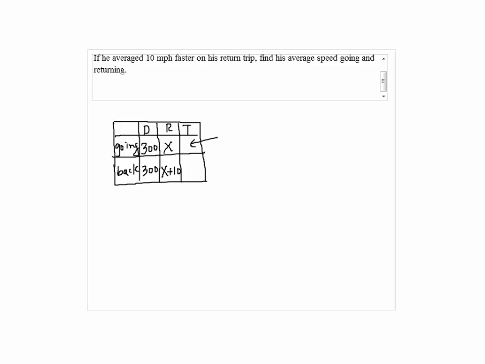Now we can find the time using the distance and the rate. So we have 300 over x for the going, and we have 300 divided by x plus 10 for the coming back. When you add these two times, he took a total of 11 hours.